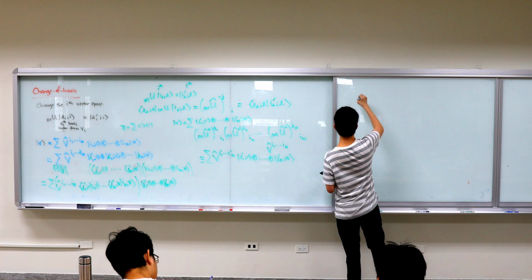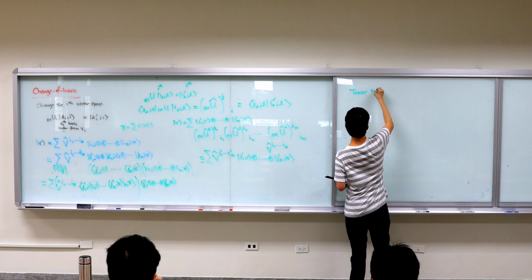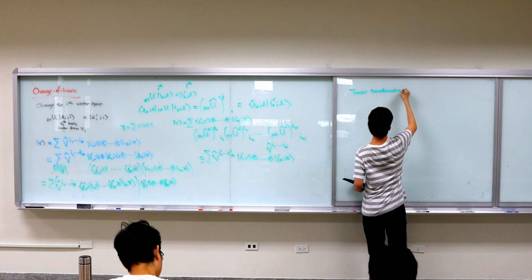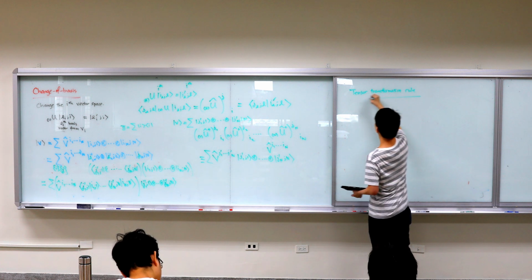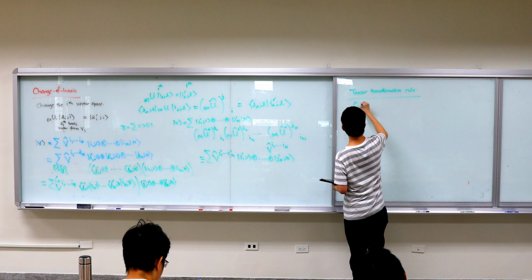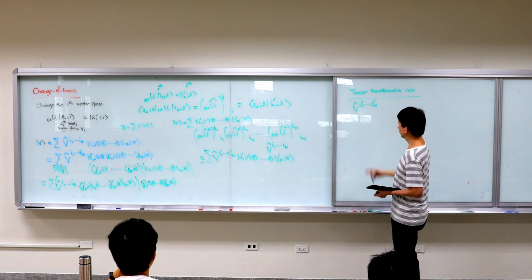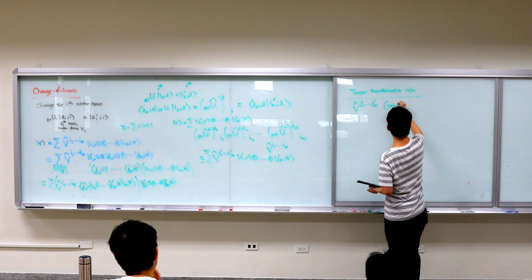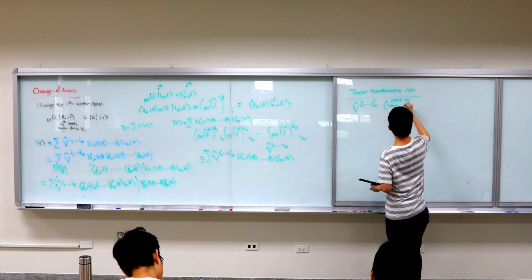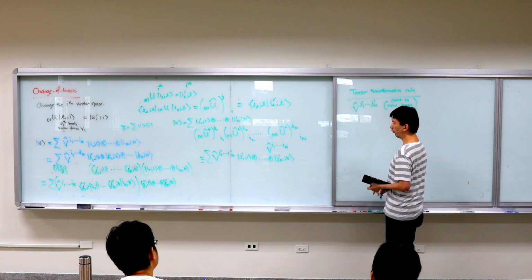So if you compare these, this tells you the following: we have a tensor transformation rule. If you take the new basis, you want to know the new components, the components in the new basis, in terms of the old basis.